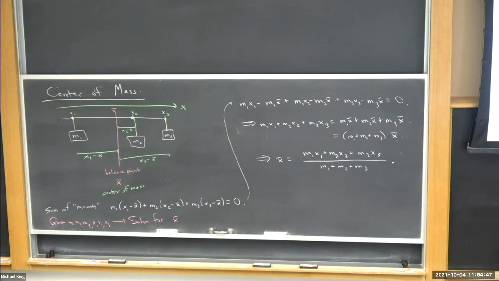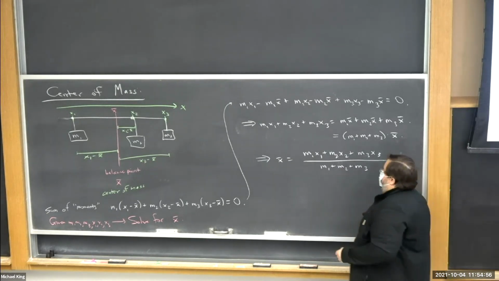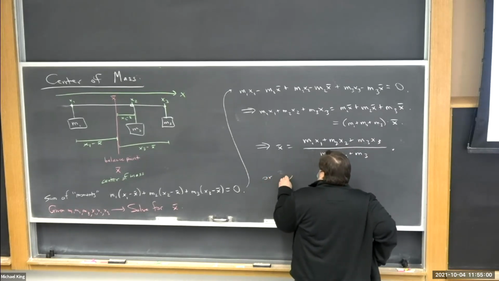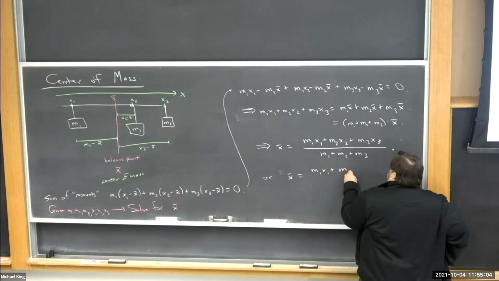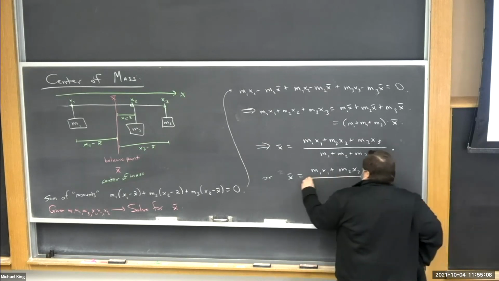Right. And one way to think about this is actually the total mass of the system, the bottom here. So we can also think of this as the total mass.